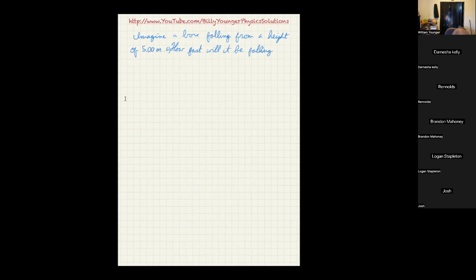How fast will it be falling when it is 2.50 meters above the ground?